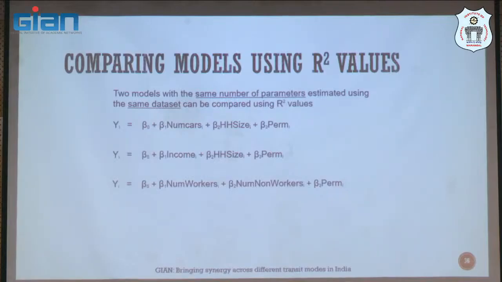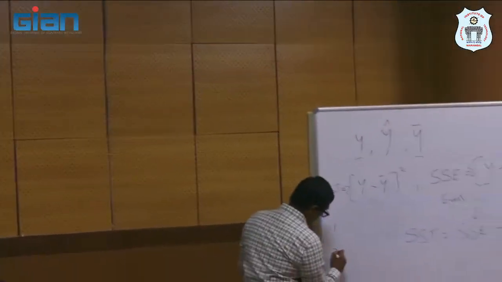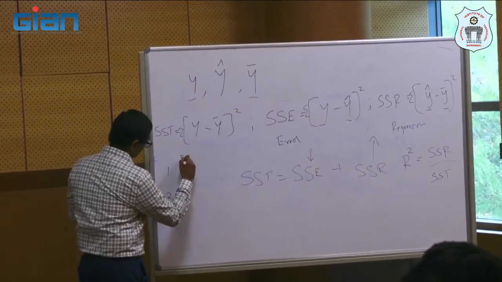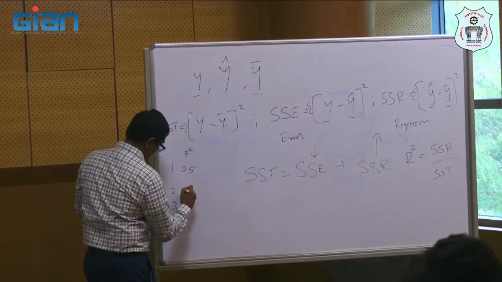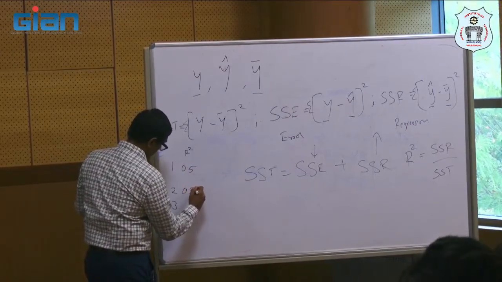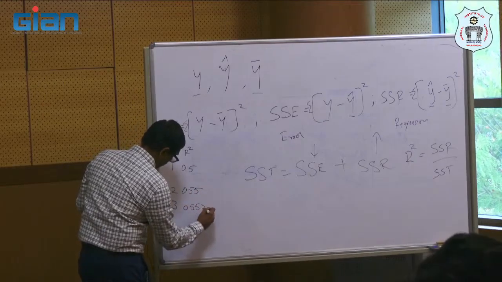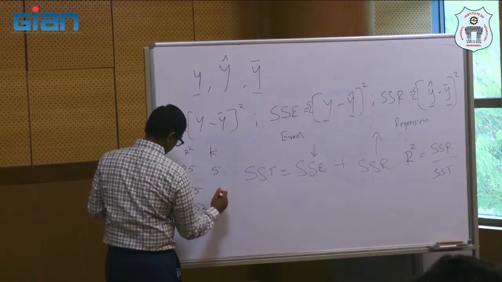Okay, there could be cases like this. Three models, with R square values, and the number of parameters in the model are 5.